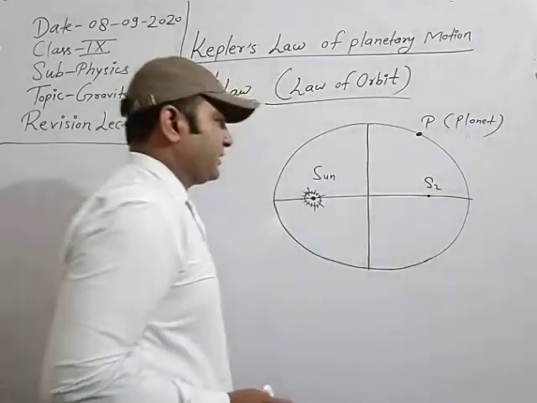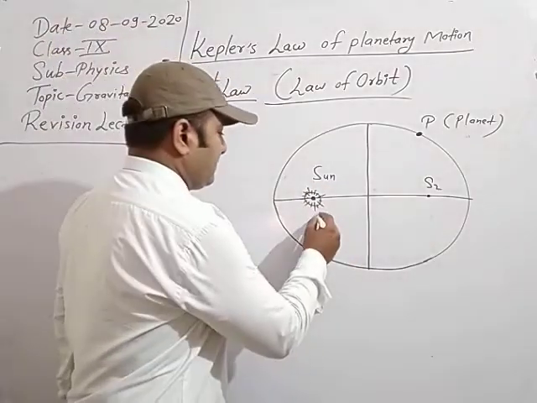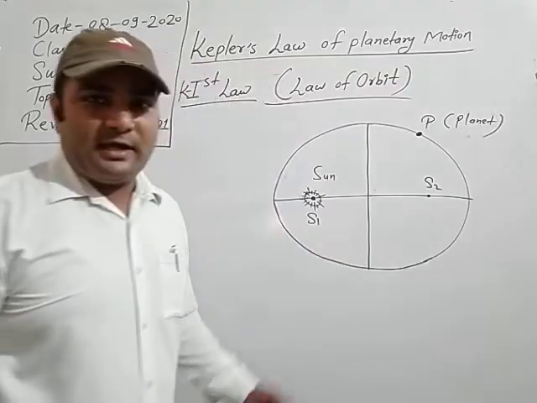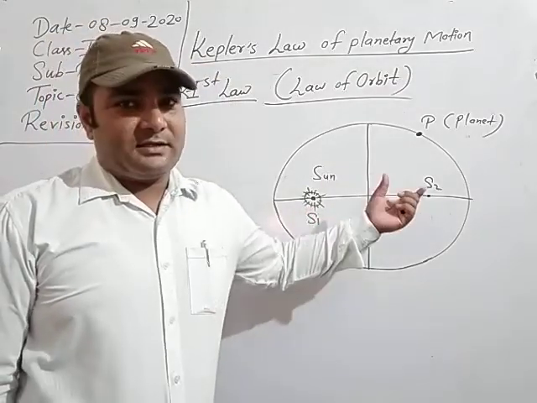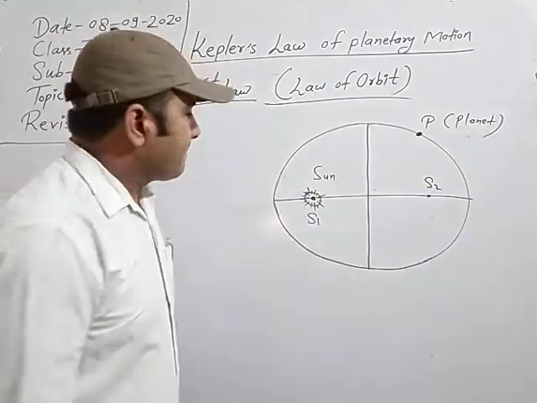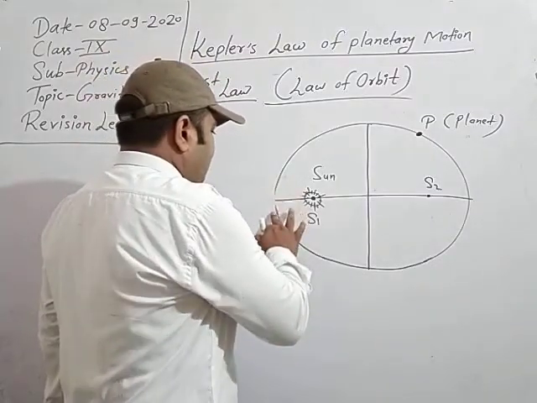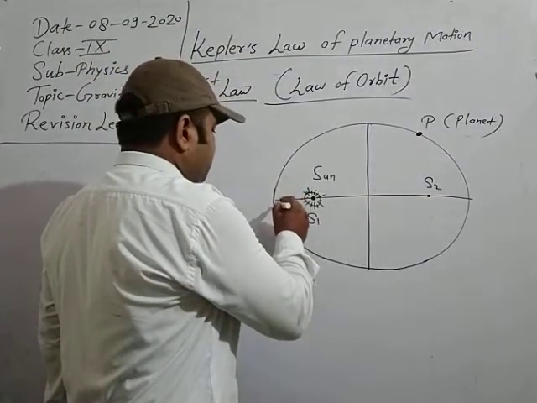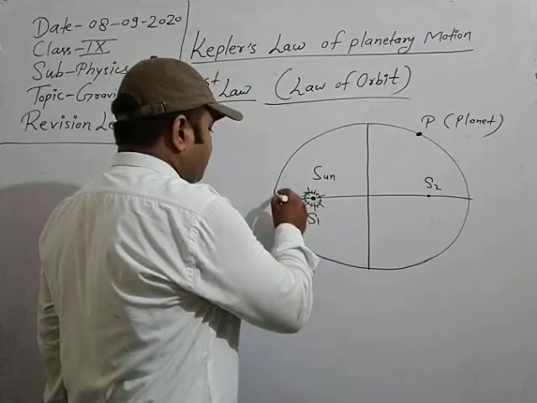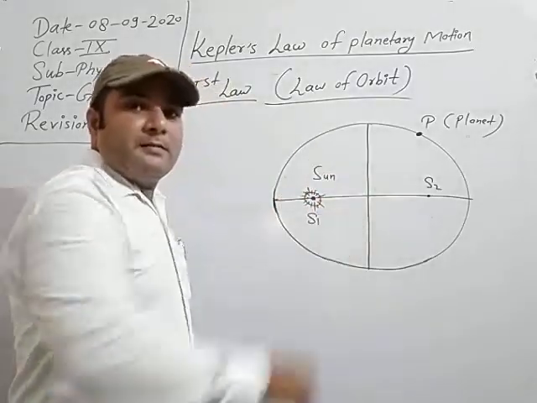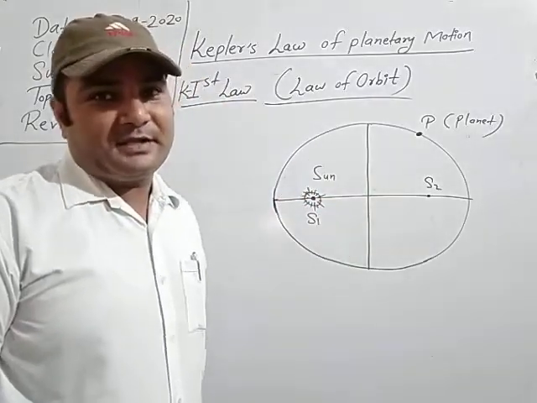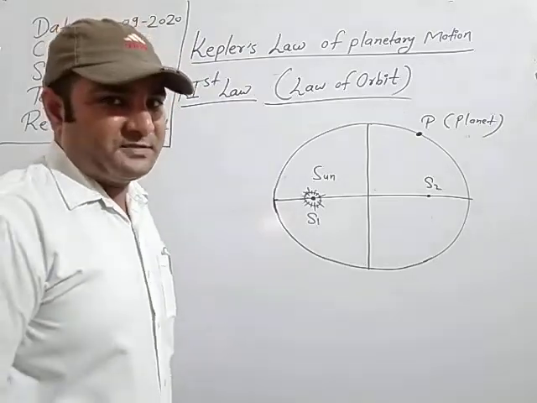The two foci, S1 or S2, any one focus we can take as the position of the sun. The shape of this path is elliptical.